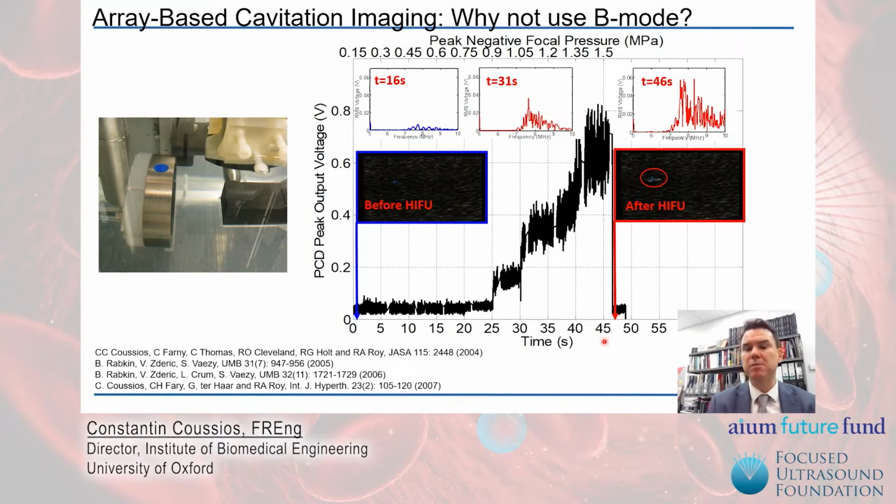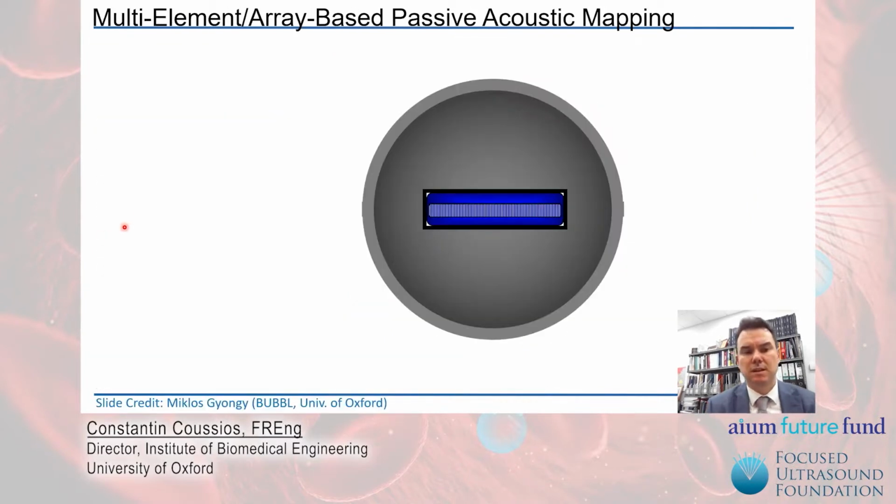In other words, B-mode images can only detect bubbles that have been generated and are stable enough in the tissue in order to be able to generate enough of a reflective signal to result in a change in hyperecho. This naturally created the need for multi-element or array-based passive acoustic mapping of cavitation activity as a possible way of being able to localize therapeutically relevant cavitation.